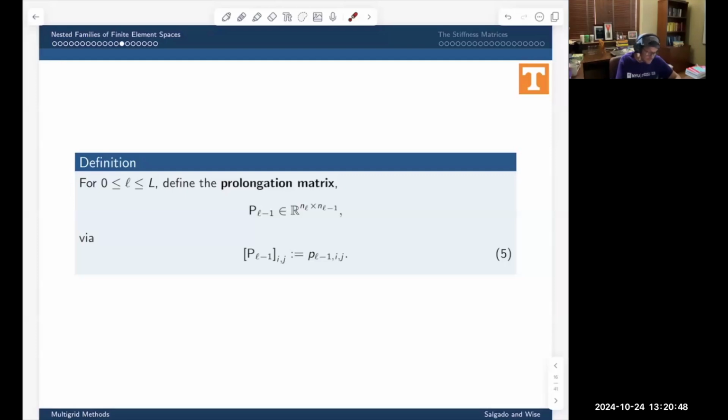This is a small typo. It's not defined for 0. So I think I should make this 1 here. It doesn't work for 0 because that would be the prolongation matrix P_{-1}, and that's nonsensical.